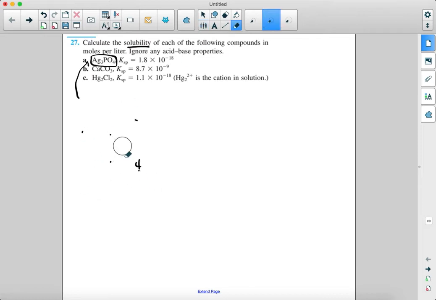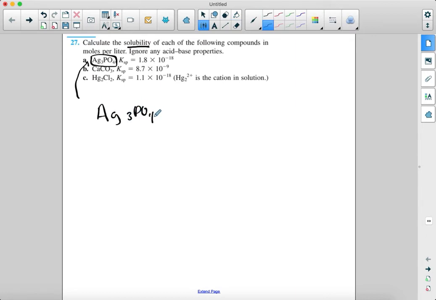So when we take a look here, the first one, if we did a mini ice table, we go Ag3PO4, I'm just going to prove it, would break into Ag plus, 3 of them, and 1 PO4 3 minus. You'd end up with 3x and x when you drop it all down.